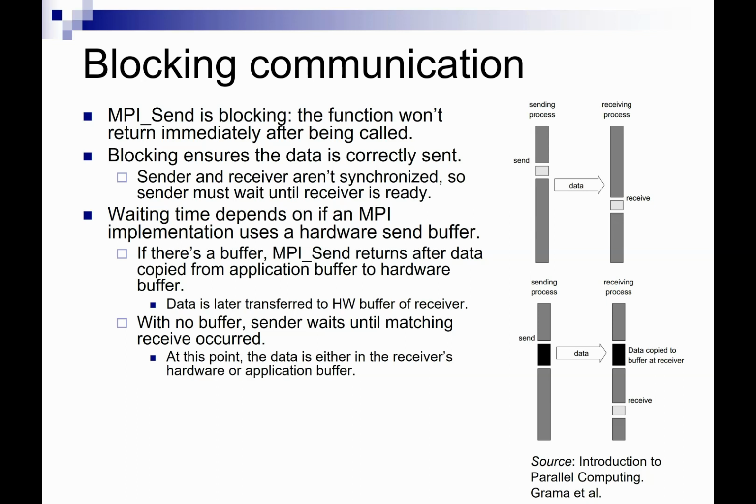Once it's been copied into the buffer, I know that my message is stored safely, and so now my MPI send can return. Later on, MPI can take the data from the buffer, and once the receiver is ready, it'll send the data to the receiver. As long as my data is in the buffer, I know it's not going to get lost, and so MPI send can return after that.